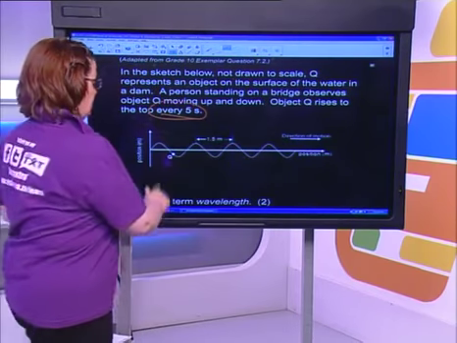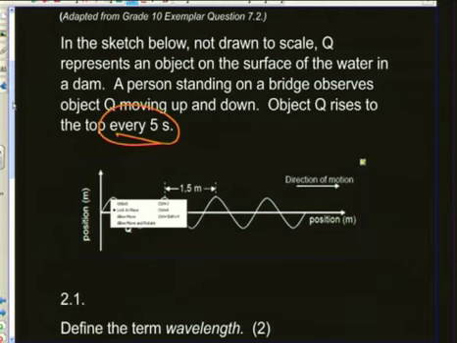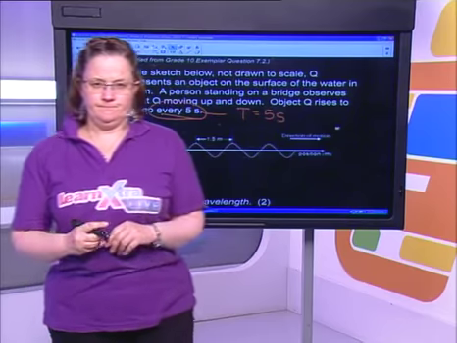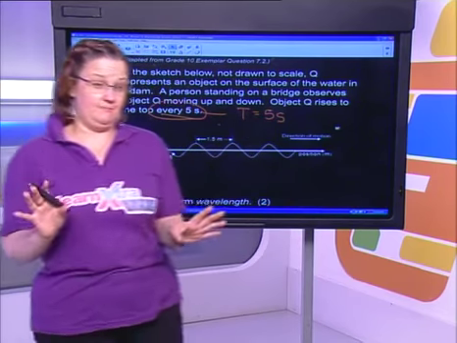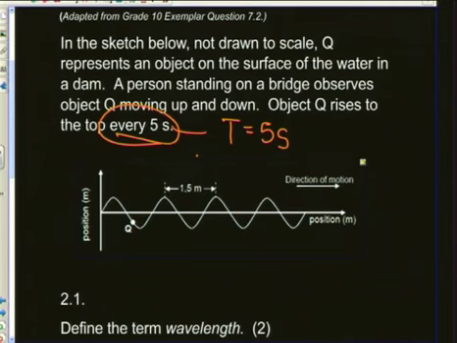So every 5 seconds, Q is at a crest. That means this particular value is the period. Big important piece of information to get. Also, on the diagram, from this crest to this crest, they give a distance of 1,5 meters.